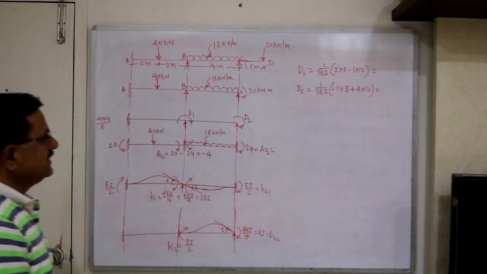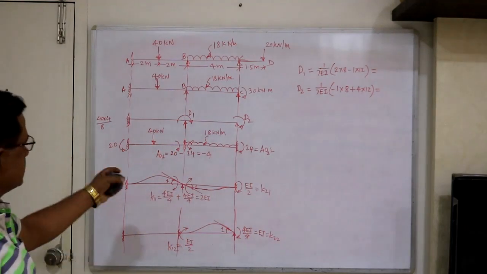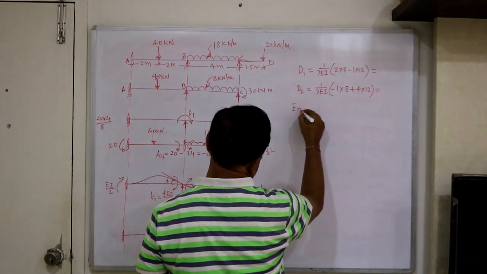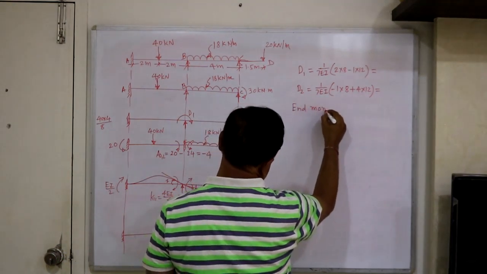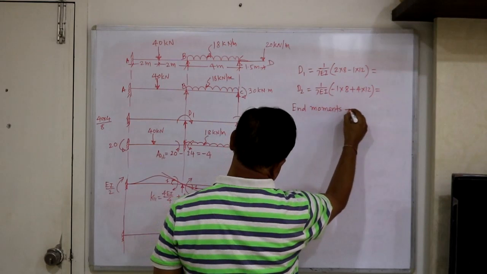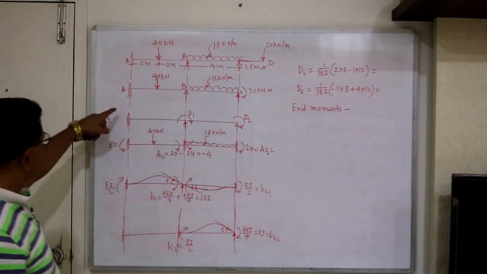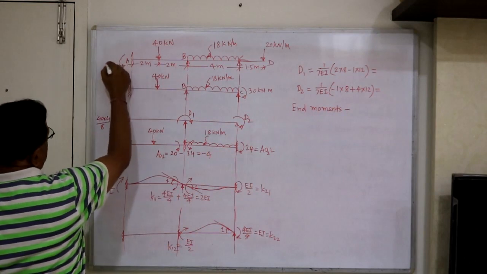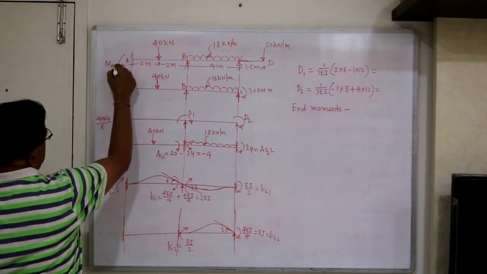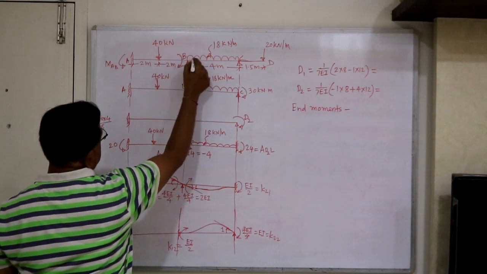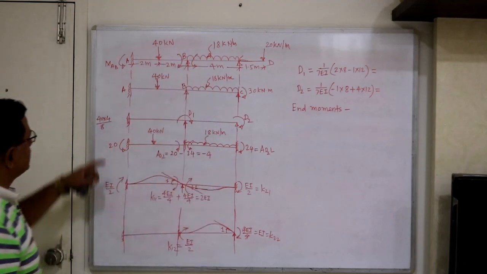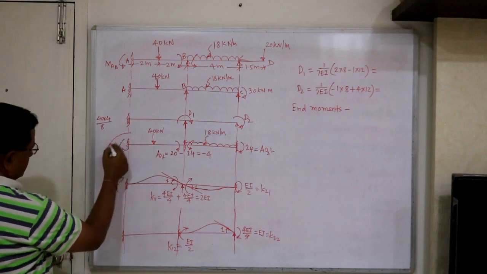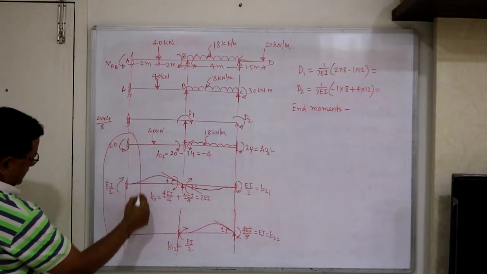Now after getting d1 and d2, the next step is to find out the final end moments. Say here MAB, what we have to calculate is this moment, then MBA, etc. So this MAB is anti-clockwise, so just the summation of this is MAB.